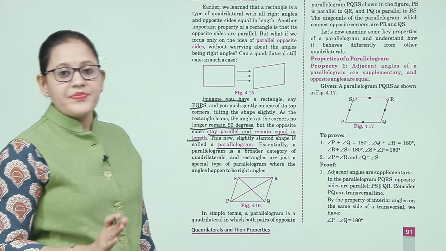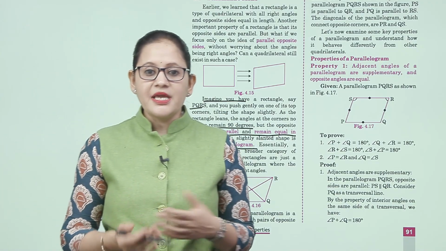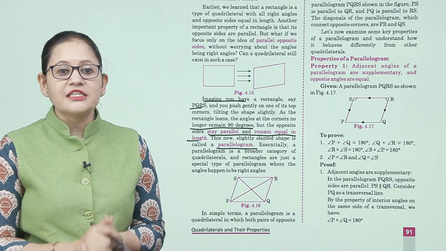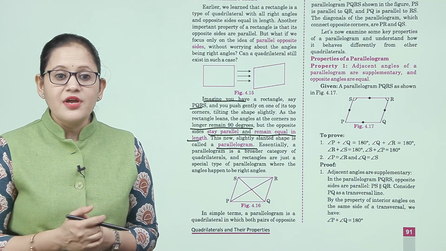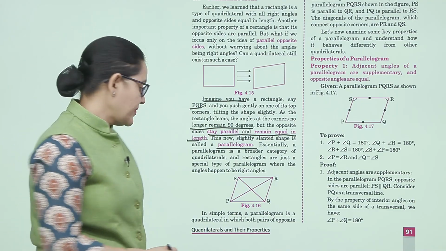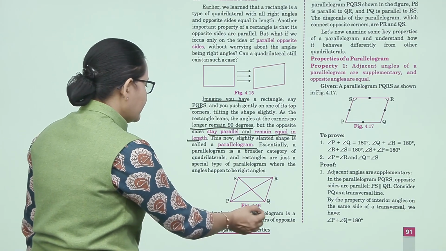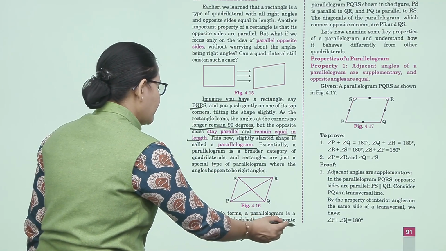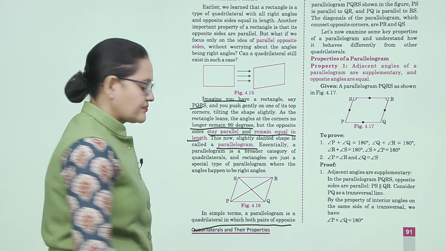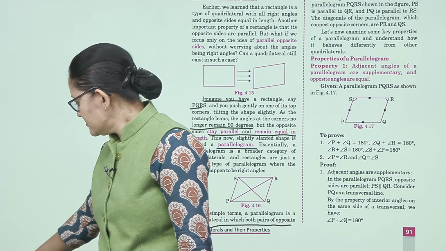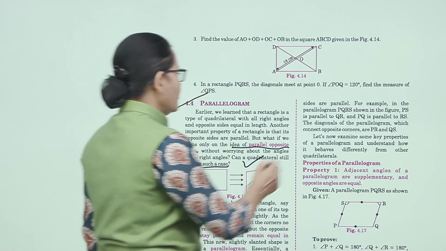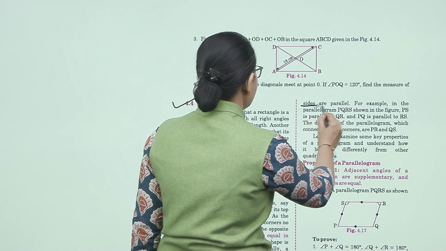Essentially, a parallelogram is the broader category of quadrilateral, and a rectangle is just the special type of parallelogram where the angles happen to be right angles. In simple terms, a parallelogram is a quadrilateral in which both pairs of opposite sides are parallel.